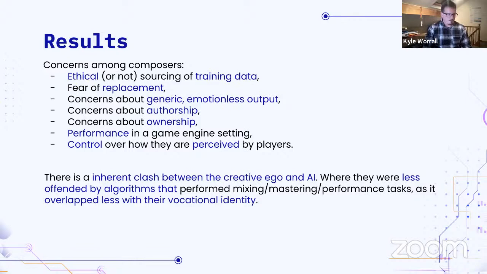A lot of the language they were using was very emotionally charged. When I showed them a series of eight different AI technologies for music, as composers, they were less offended by the mixing, mastering, and performance rendering algorithms. At first, we thought, looking at the data, maybe this is just because it's performing a task that they're not as good at because they're composers.